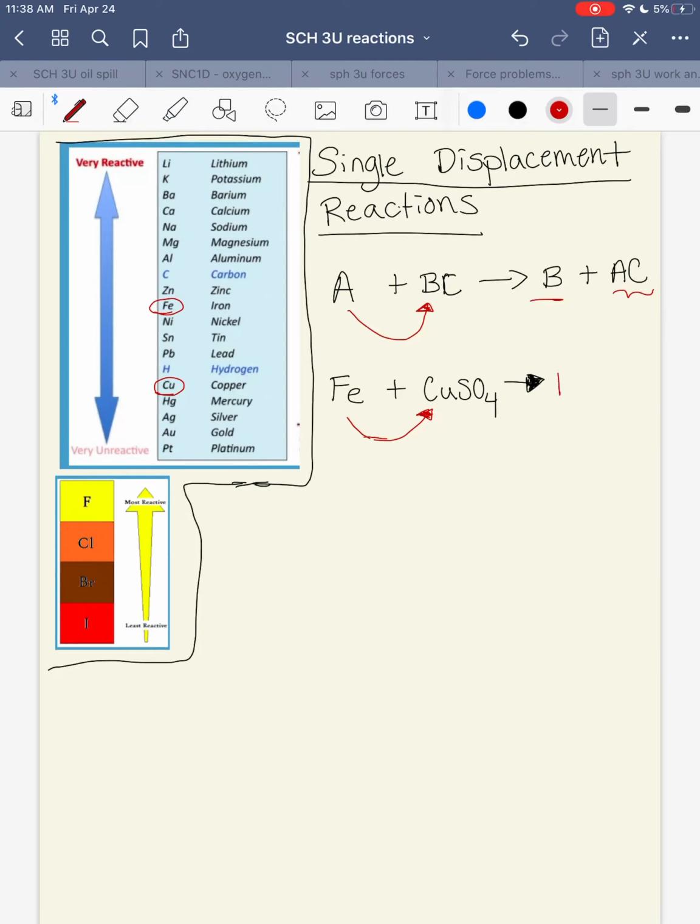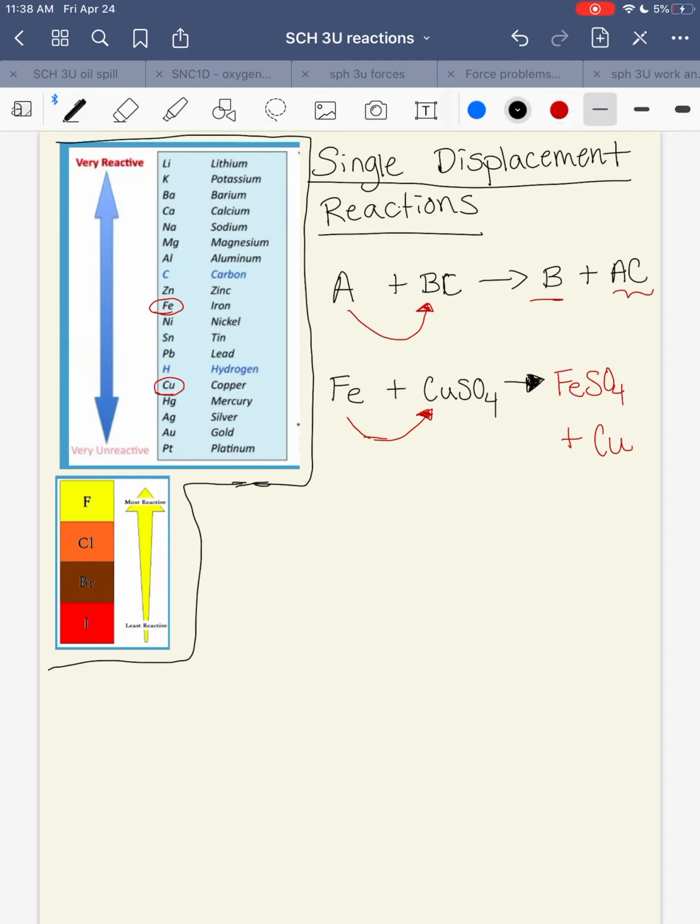So we'll create iron 2 sulfate, and we'll also create copper. We know that will happen because iron was more reactive than the copper. It was higher up on the activity series, so it is actually able to replace copper.